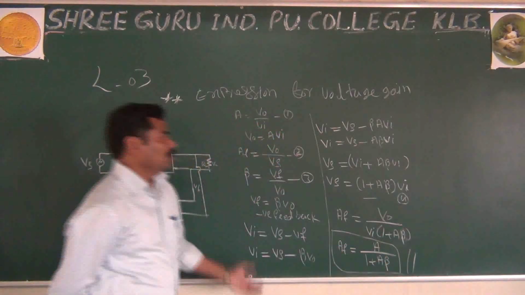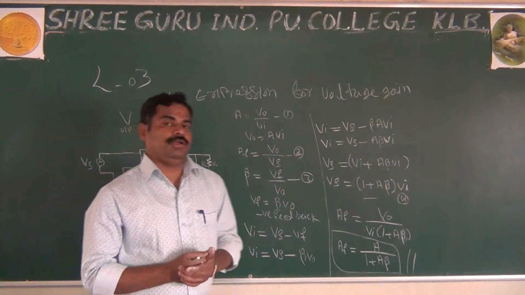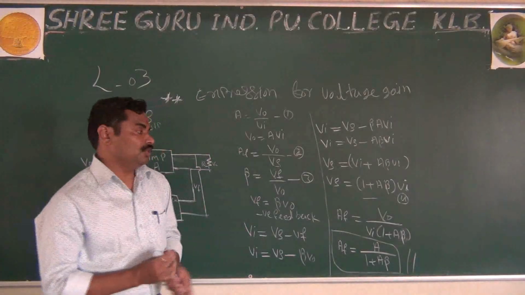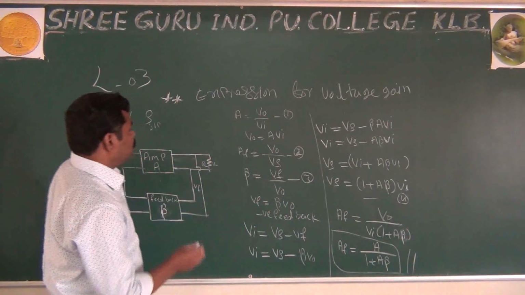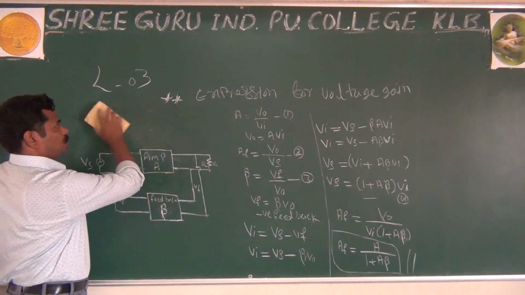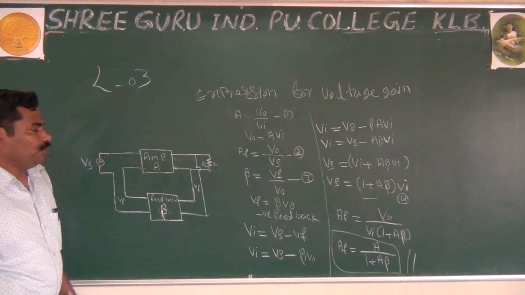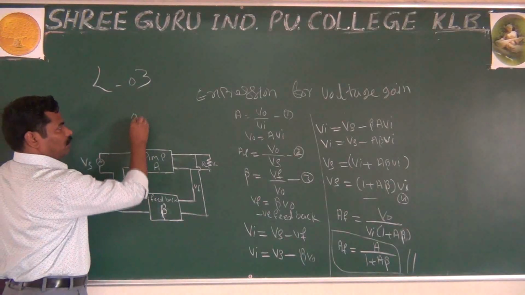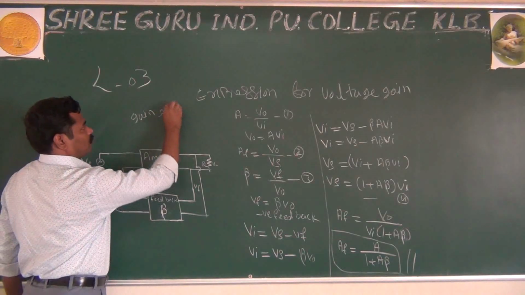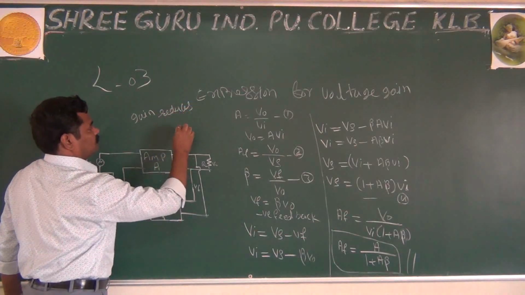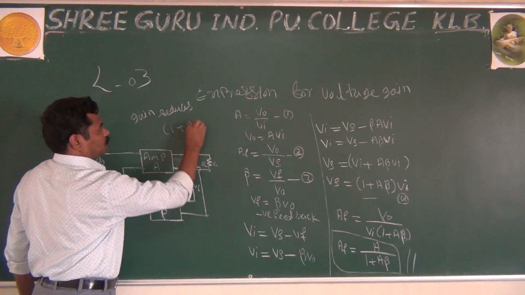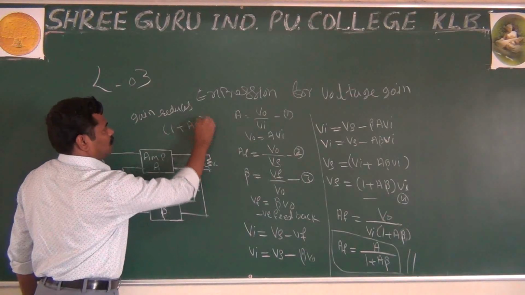It means the important thing in negative feedback, as I said, is that the gain reduces. How much does the gain reduce?